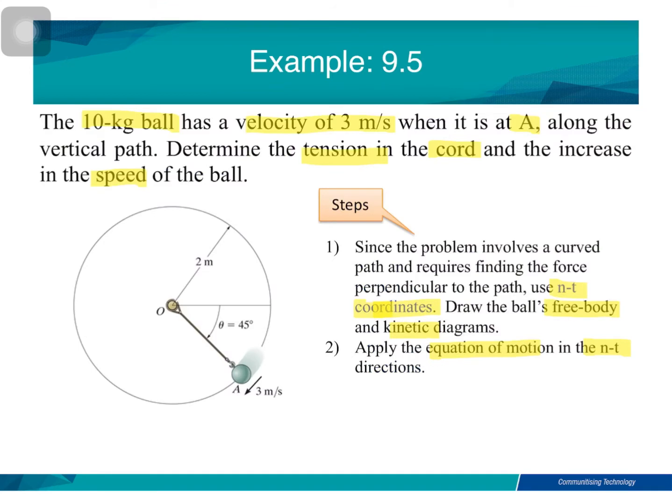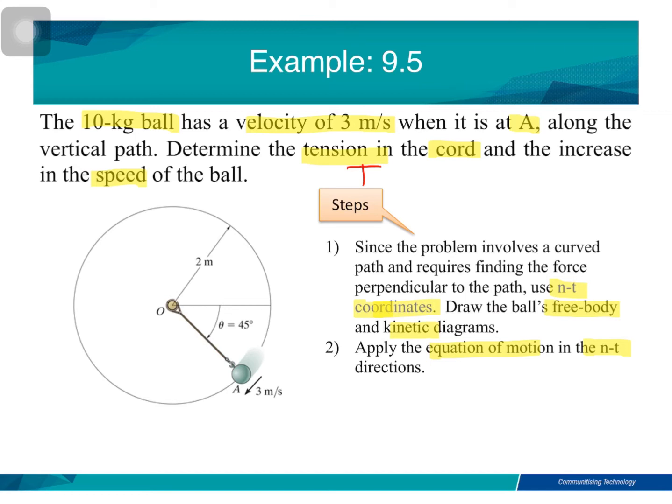Now next is example 9.5. Here we have a 10 kg ball with a velocity of 3 meter per second when it is at A along the vertical path. Determine the tension in the cord and the increase in the speed of the ball. So you need to calculate the tension in the cord and the V here. You have 4 steps.